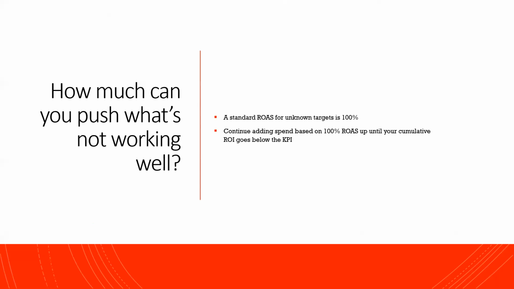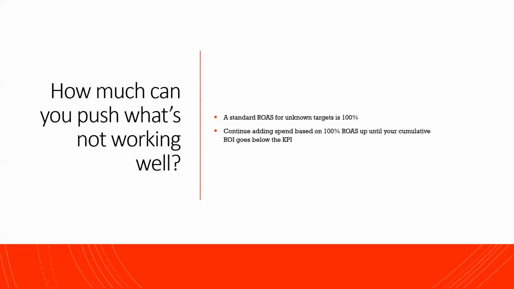For cost per conversion, you should probably borrow from generic and maybe increase it a bit if you're not dealing with ROAS. Then you want to continue bumping up that spend at that cost per conversion or 100% ROAS until you start bringing down your cumulative, your total average of your KPI.